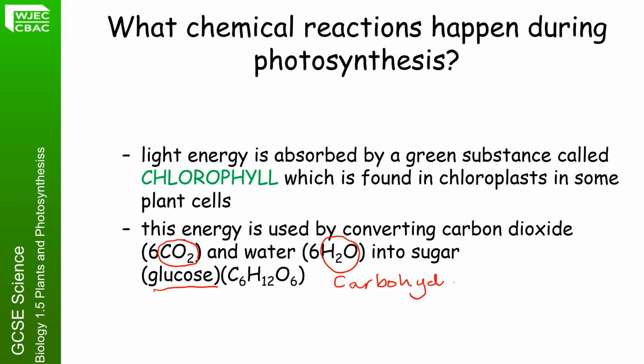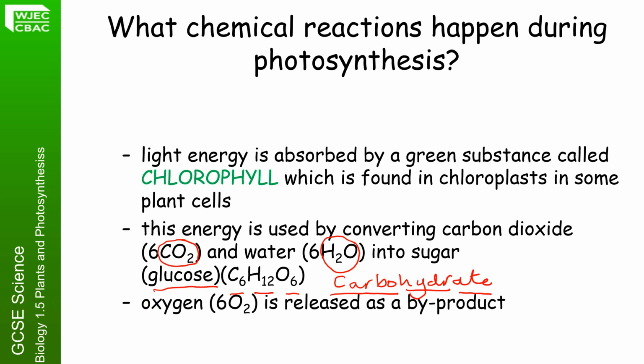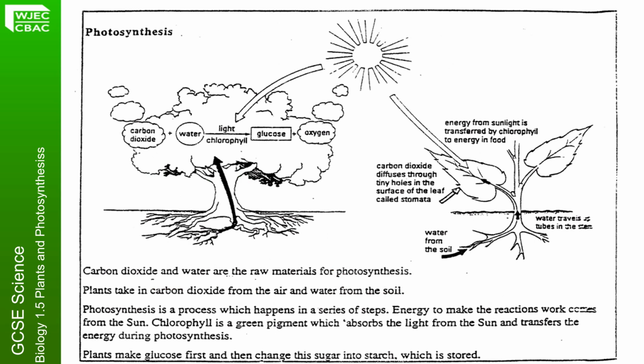If we break that word down, carbo is the carbon, hyd is the hydrogen, and any chemical that has these three letters on the end, ate, tells us it contains oxygen. We know that oxygen is released as a byproduct, and that's really useful for animals because we need oxygen for respiration.